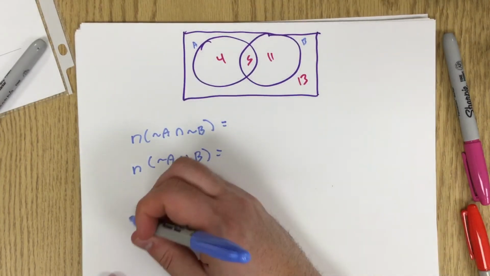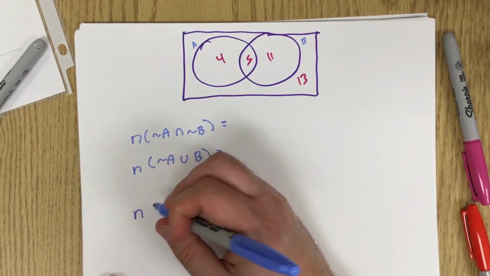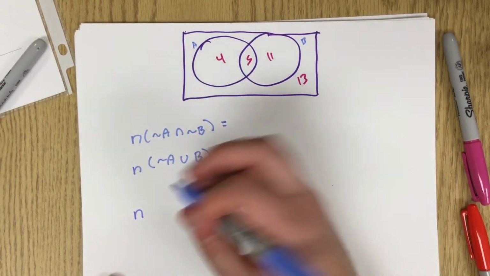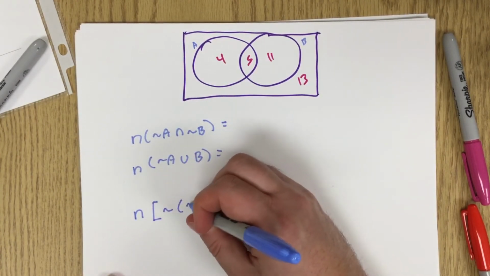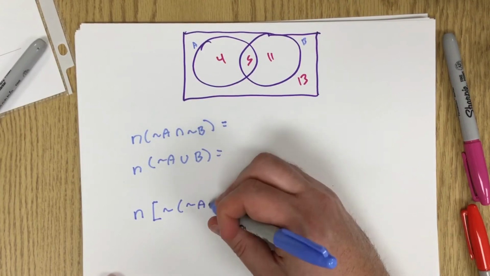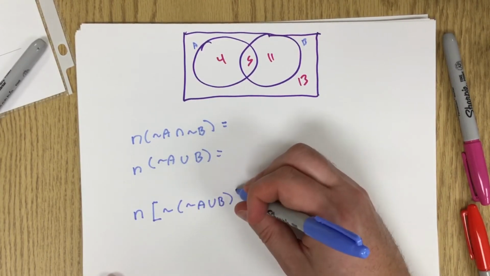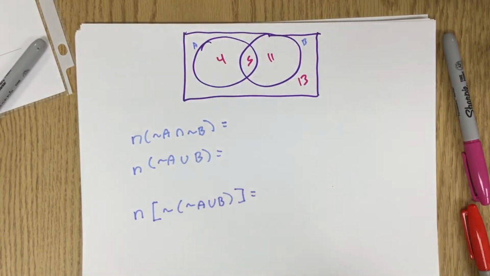And let's try an interesting one. Let's try how many are in not A or B. So again, pause, see if you can figure out.